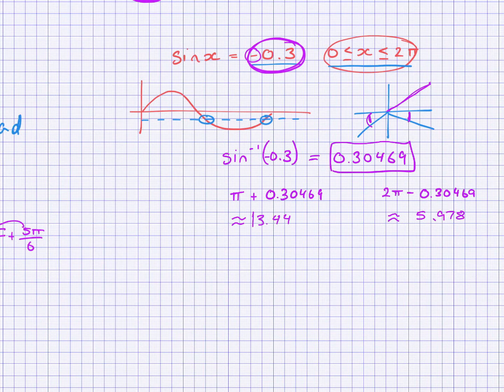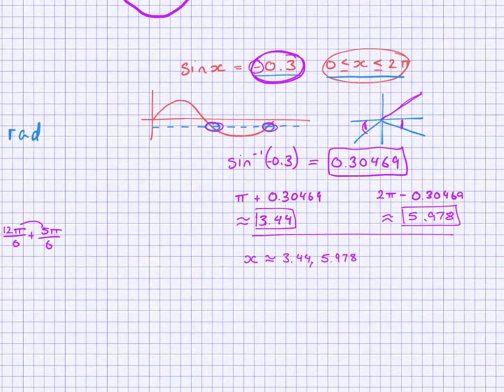Given this is the angle that we're looking for in radians, it's 3.446 radians and 5.978 radians. If we look back at our sketch, we can see that we wanted two solutions. We've found two solutions right there. So we could finish off listing both of them from smallest to largest, and that is it.